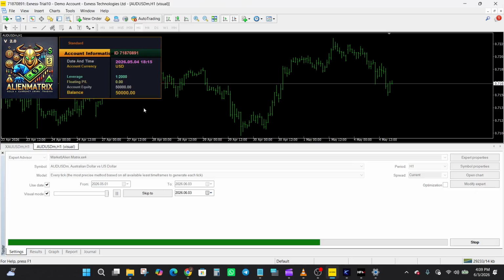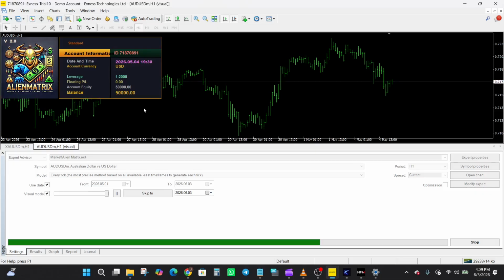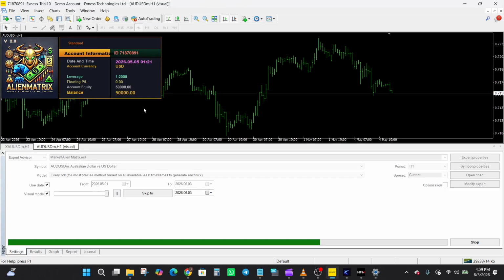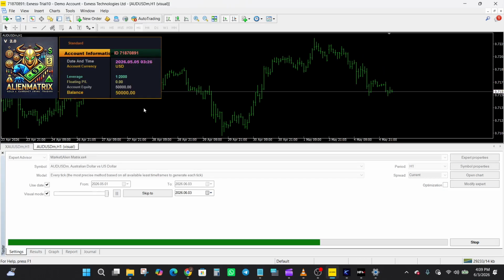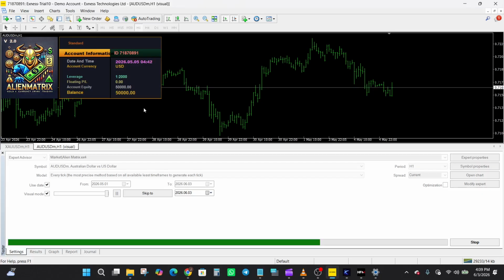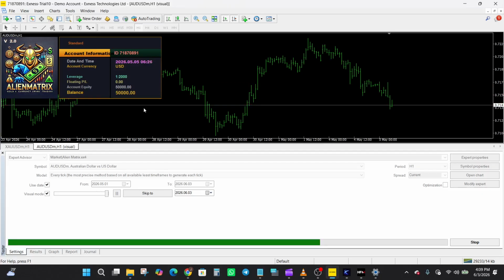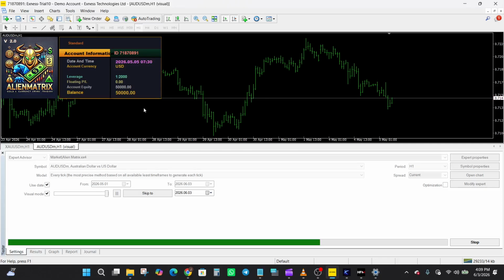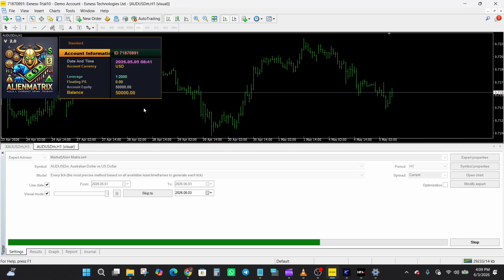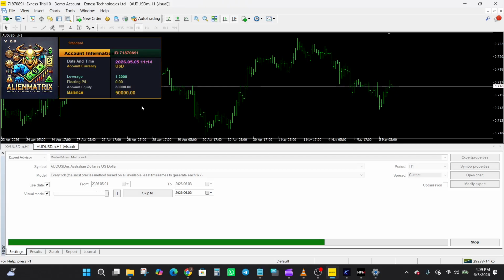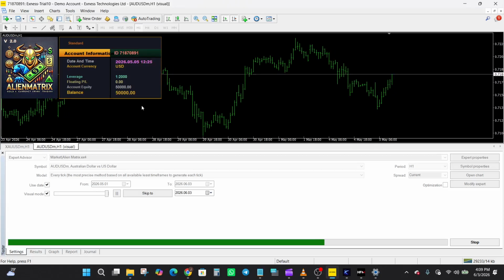Now, when I step back and look at the overall historical results, this is where I remind myself that this is strictly past performance. It can vary significantly depending on things like broker conditions, spread, slippage, lot sizing, and the risk settings you choose to apply. So while the EA is designed with structured risk control and automation in mind, it is still important to test it properly on a demo account first before considering any live deployment.